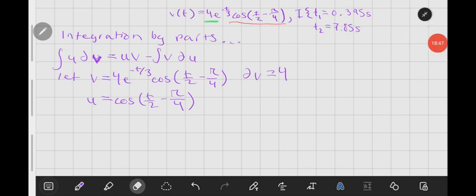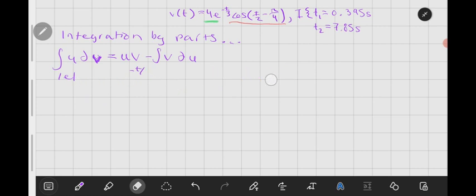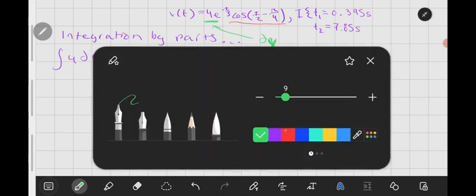Okay, my apologies, I was actually getting ahead of myself. We have to use integration by parts, and we will let this be our dv, which I believe was still correct.